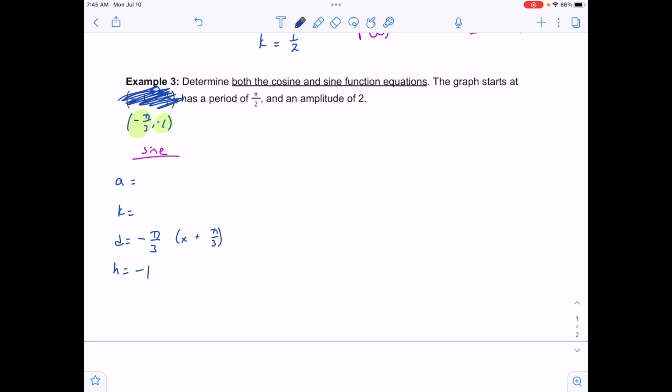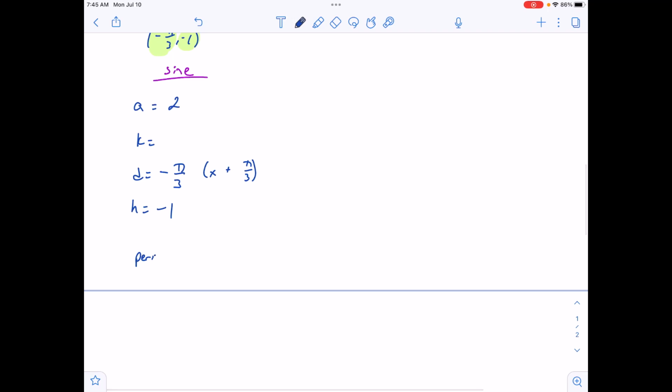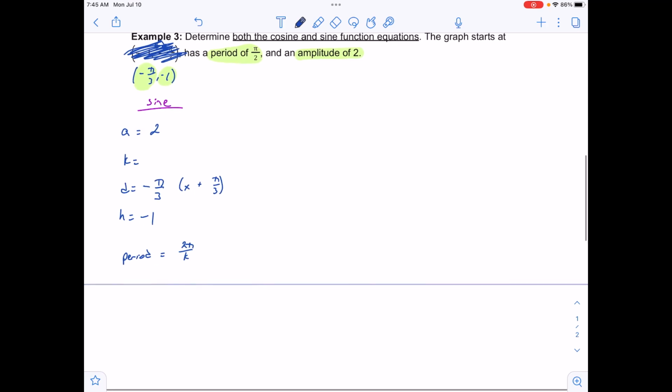Okay, we've been provided that it's got an amplitude of 2. And we just need to figure out the k value. The k value here, we've got a period of pi/2. That's 4 times as fast as our usual period. We can calculate the period if we need. Our period was pi/2.